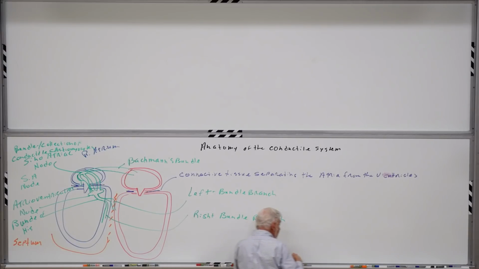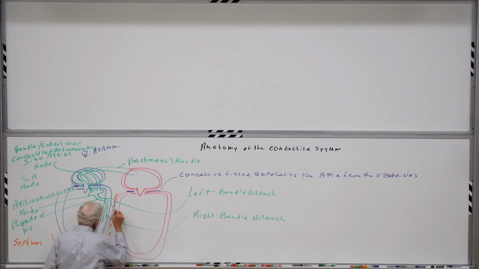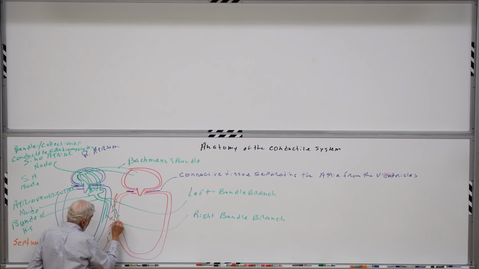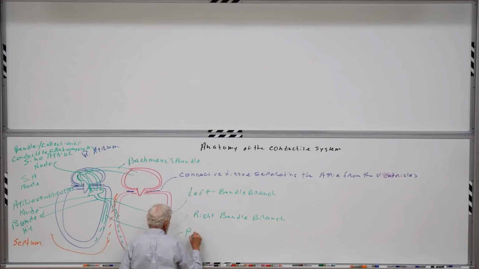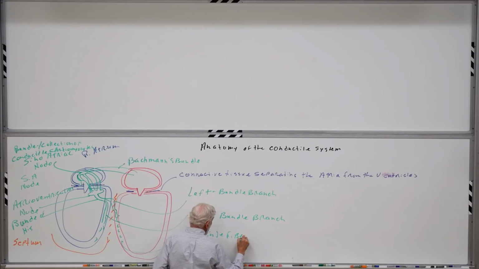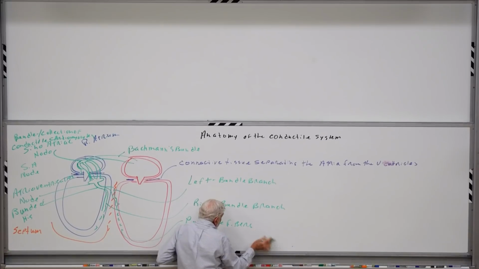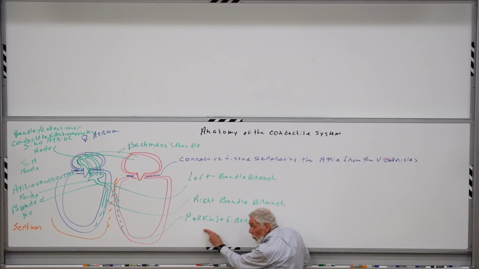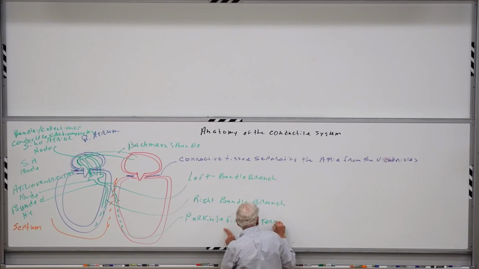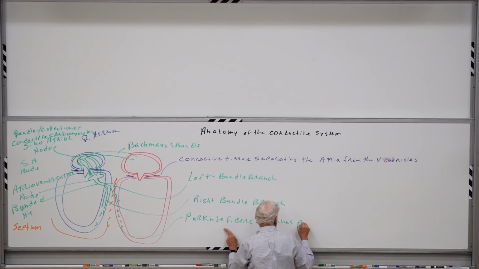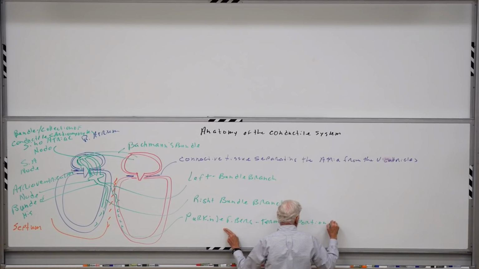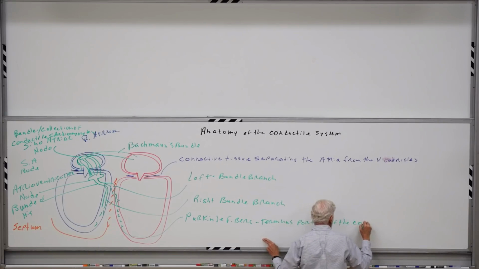Now then, the left and right bundle branches further divide and divide and divide. And I'll show, they'll branch and branch and branch into structures known as Purkinje fibers. The Purkinje fibers are the terminal portion of the conductile system.